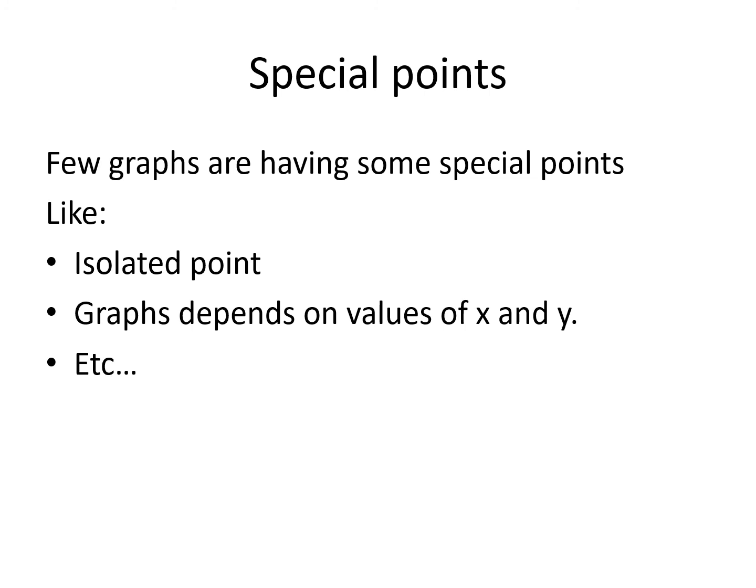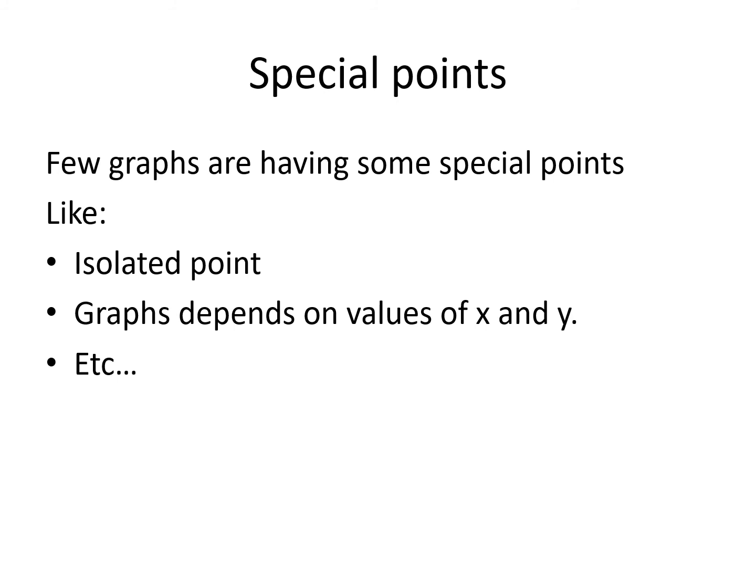Few graphs have some special points, like isolated points. We have not discussed till now how we will draw the isolated point if any curve has an isolated point. Similarly, maybe the graph depends on values of x and y.